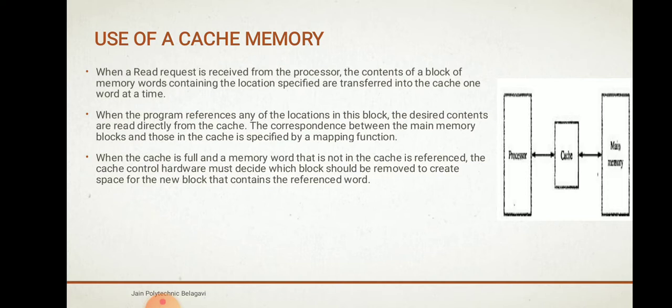Now if there are 100 blocks in the cache and the main memory wants to store the 101st block into the cache, but the cache is full, the cache will decide which block it should remove so that it can allow block number 101 to be stored. So it will decide which block should be removed to create space for the new block that contains the reference word. So the cache will decide which block to remove and which block to store.